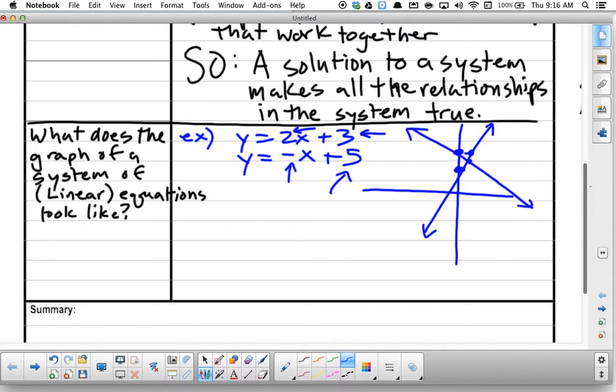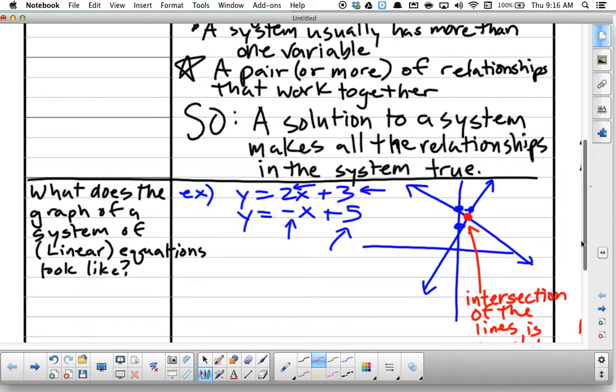And so then the spot, maybe the most important point that you can notice, is the intersection of the lines is the solution. And if you think about this thing that we wrote up here, which is that a solution to a system makes all the relationships in the system true, I've got two relationships.